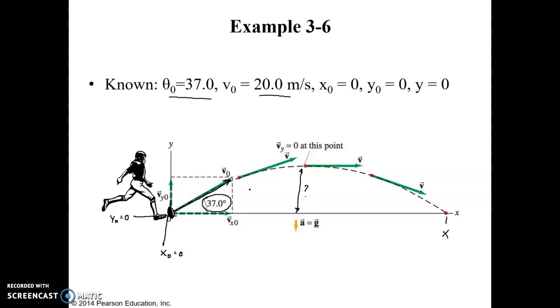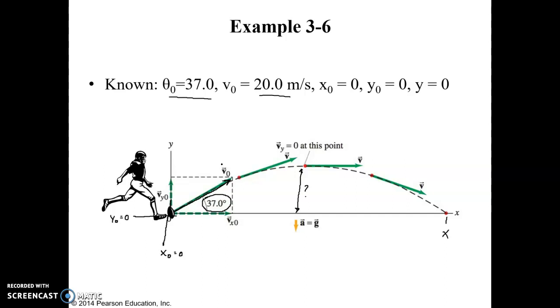Okay, so we've written our knowns and we've drawn a diagram. First thing we need to do, when dealing with projectile motion problems, is separate the vertical and horizontal.